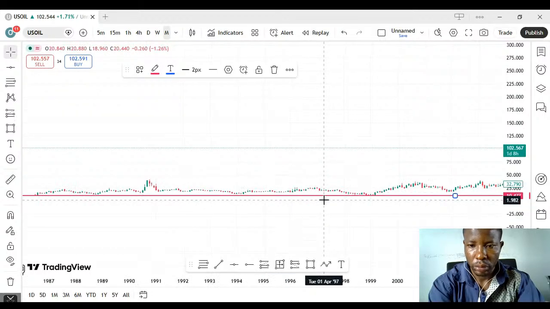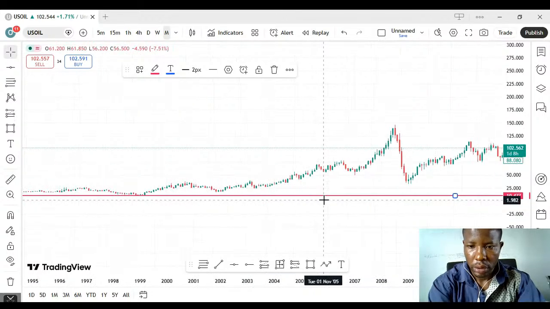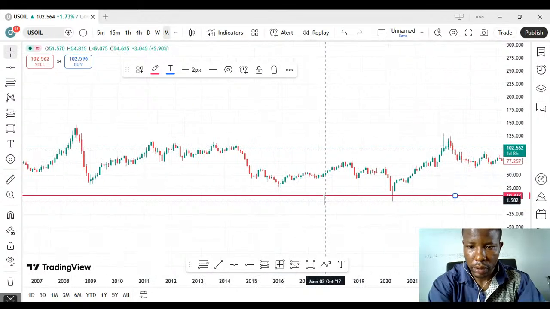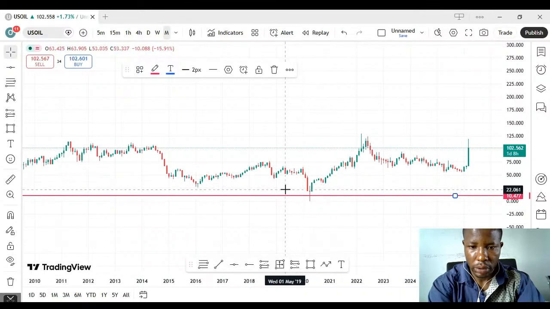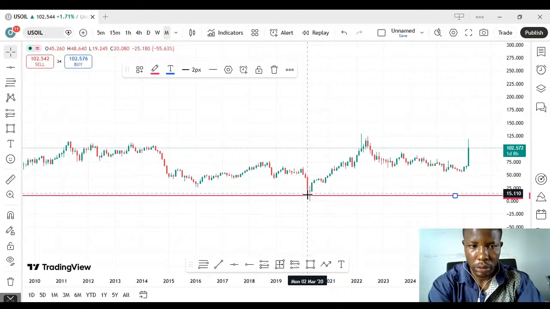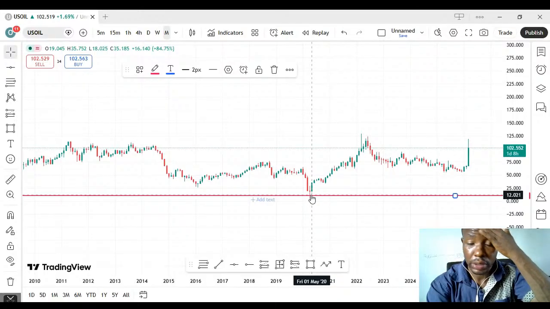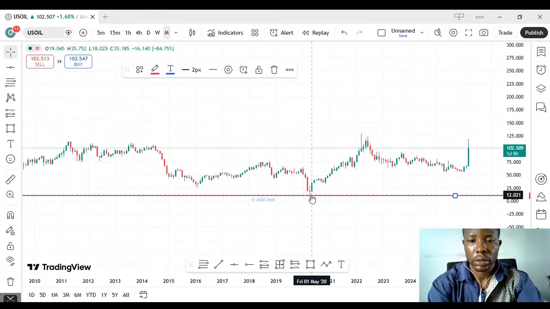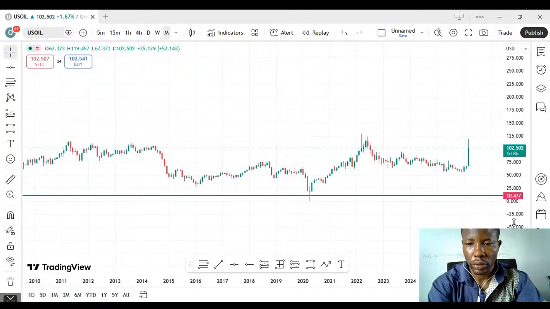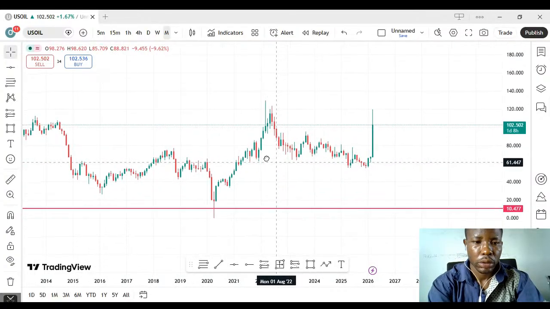That is the bottom. So you can see once it touched that bottom, it bounces off, and lastly, in 2020 it touched this one. 2020 was the last year it crashed back to this base and has continued to the upside.